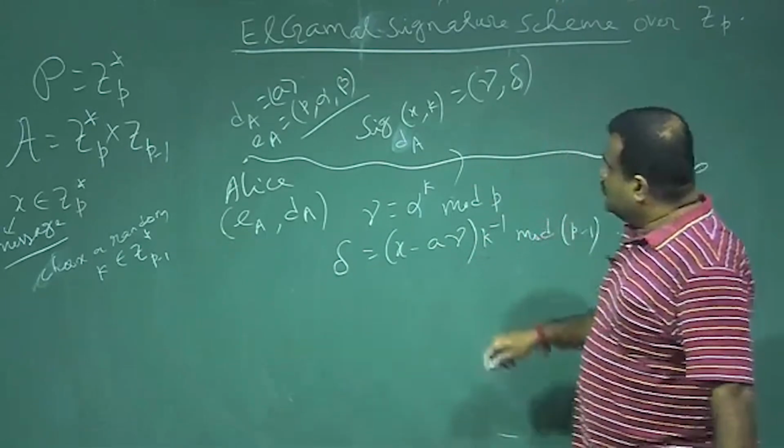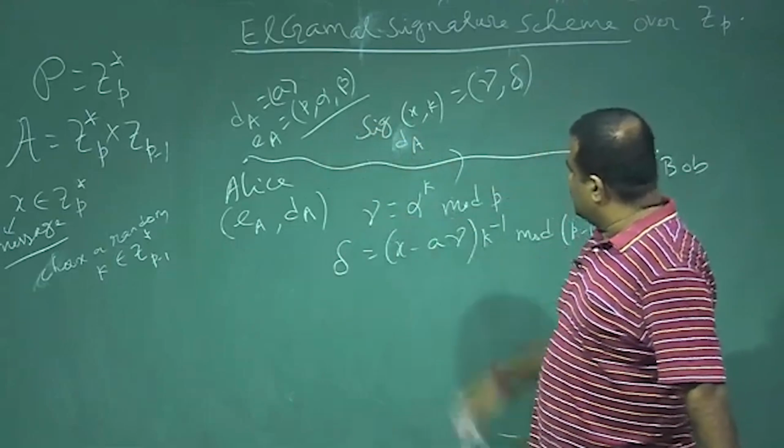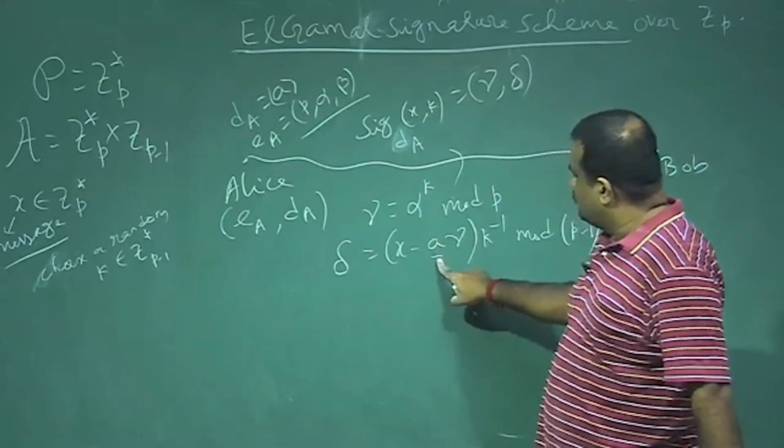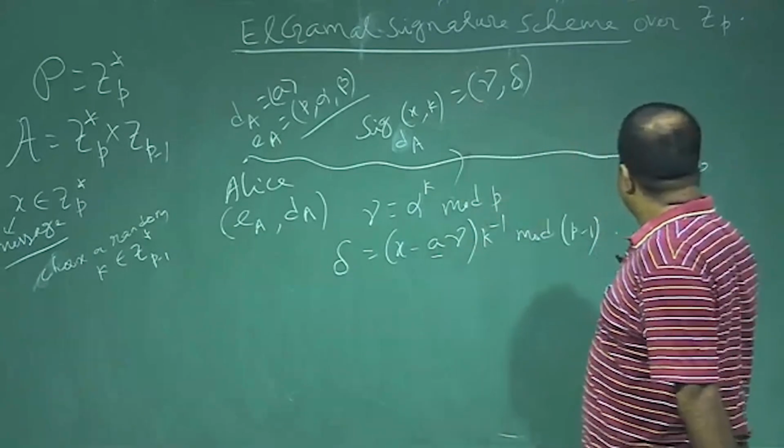Okay. So, alpha is the public parameter. The a is the secret thing Alice is using for this signature. So, these two are sent to Bob.